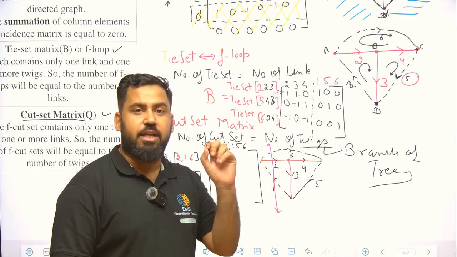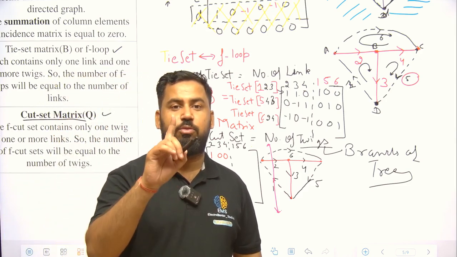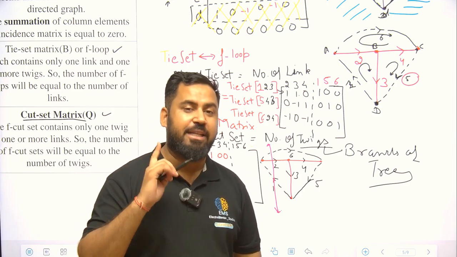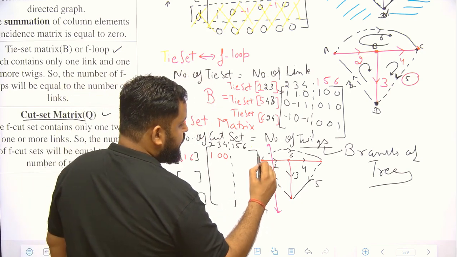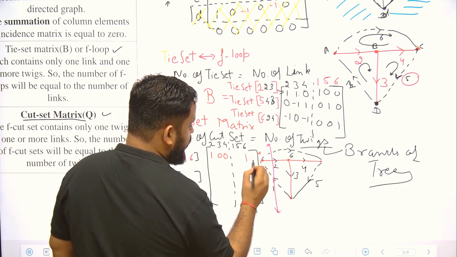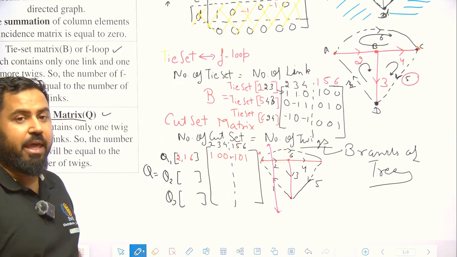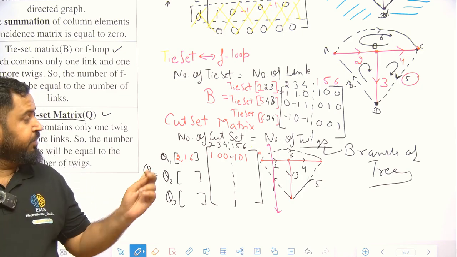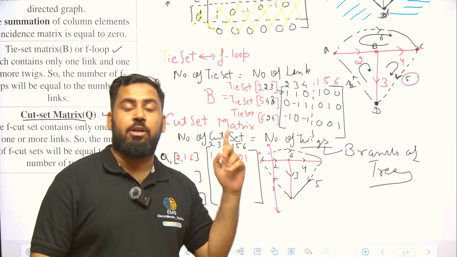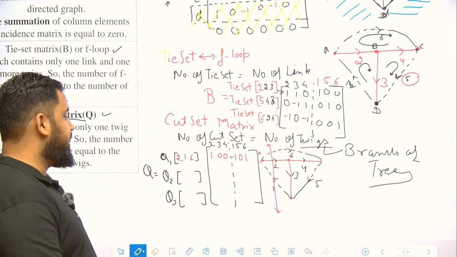Whatever the direction of the twig is, if a link follows the same direction, it is marked as +1. If the link is following some other direction, it is marked as -1. So 2 at node A is going out, 6 is going out, but 1 is coming in. 2 and 6 follow the same direction, 1 follows the different direction.